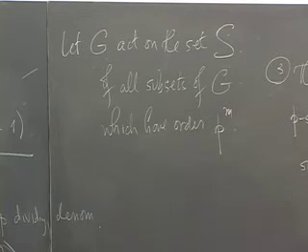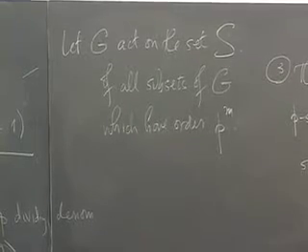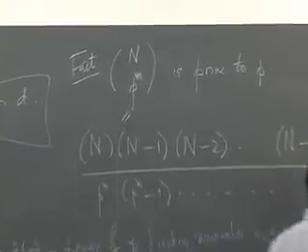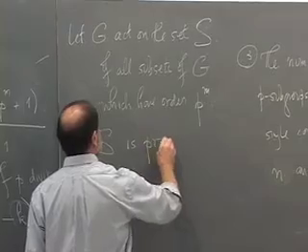We're trying to prove there's a subgroup of this order. But we don't know that. We can certainly find subsets of that order, right? Because this order is less than or equal to n. And the number of subsets of that order is this binomial coefficient. So we've just shown that the number of elements in S is prime to p.